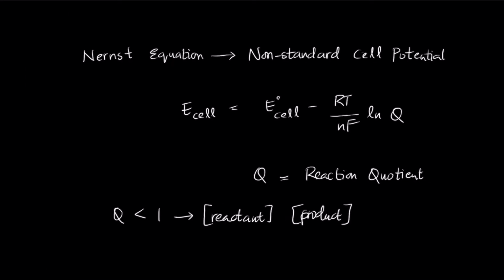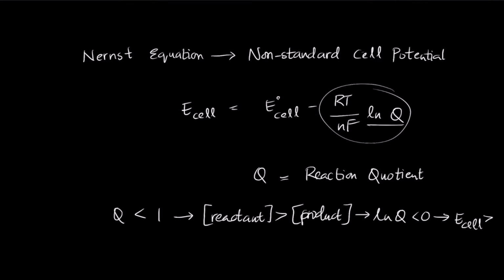I'm sorry, Q is product by reactant, so reactant is greater than product. This results in ln Q being less than 0, so the total value becomes negative, which results in E of the cell being greater than the standard cell potential.